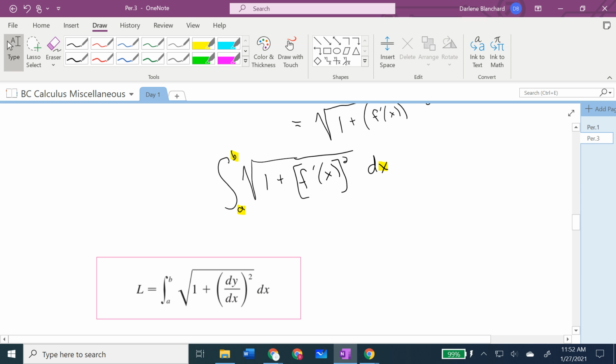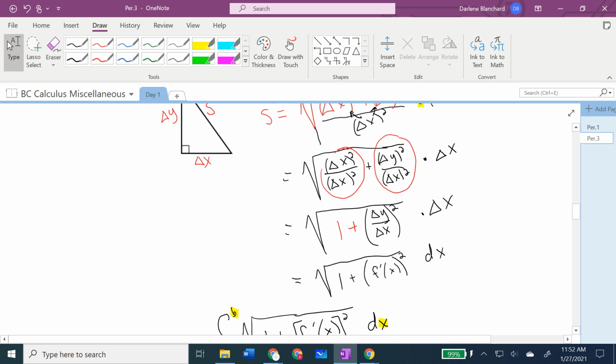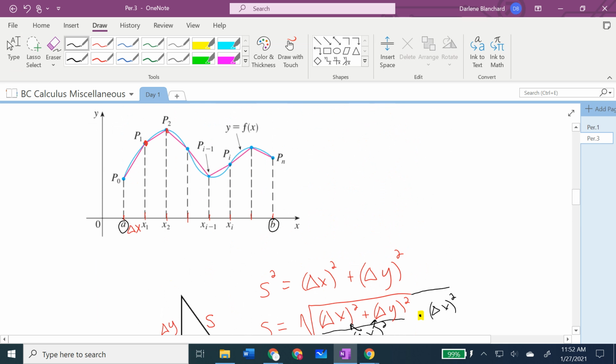But I want you to think about this. I could have dealt with a curve that maybe went like this. And I've got my x and my y axis. And I could have looked at finding the length from y equals c to y equals d.